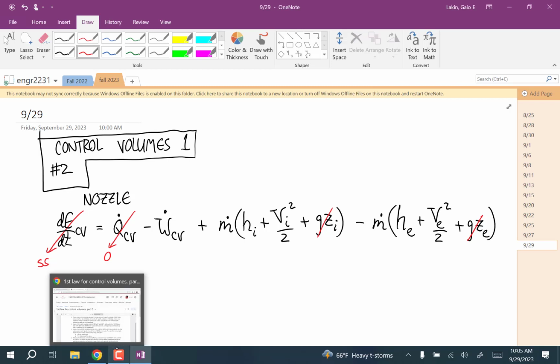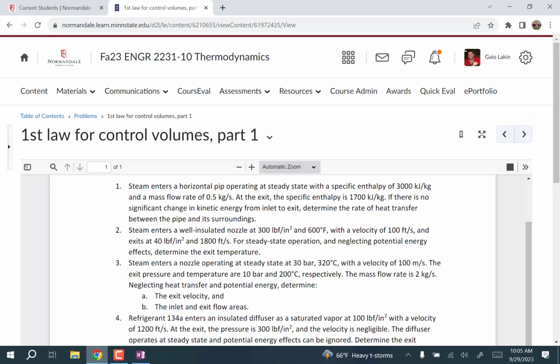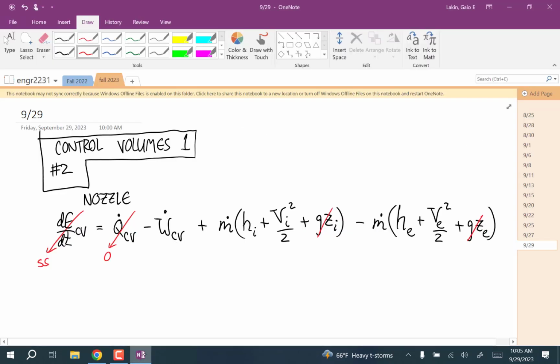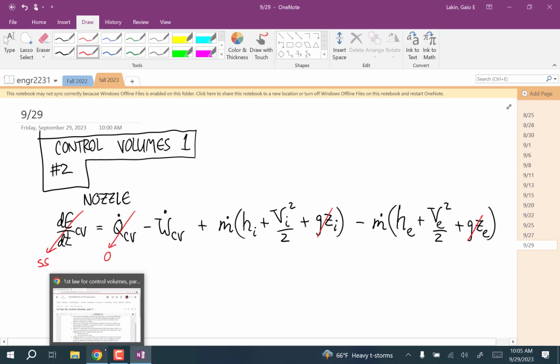Okay, well, what do we know? We know the pressure and the temperature. So that is enough for us to look up. Oh, and we know the speed. Okay, so I'm going to start just writing what we know. This is given. This we can look up in a table.